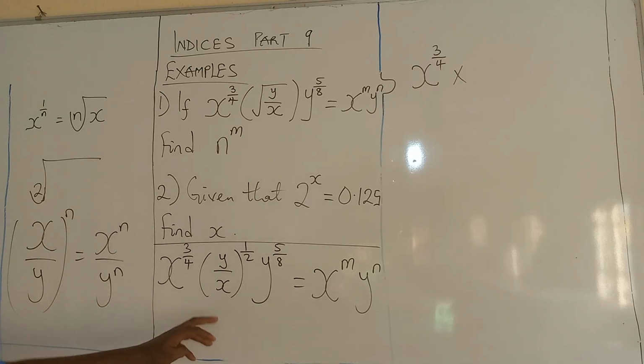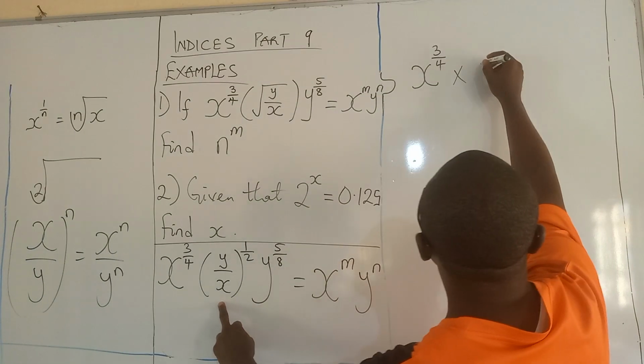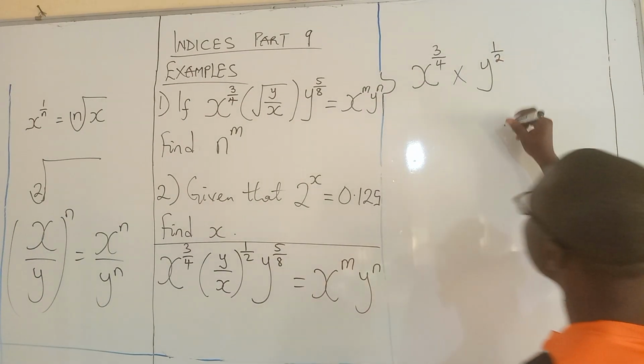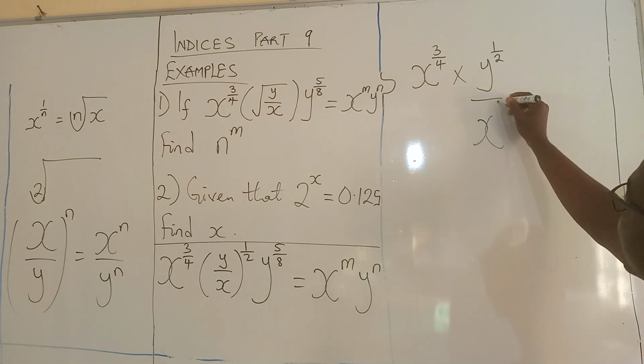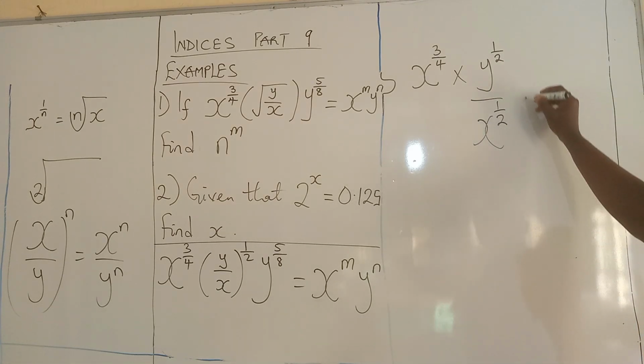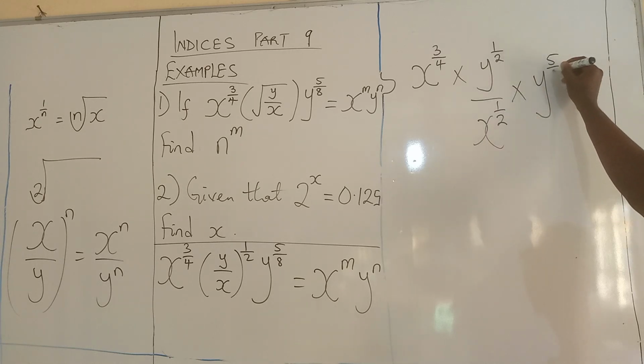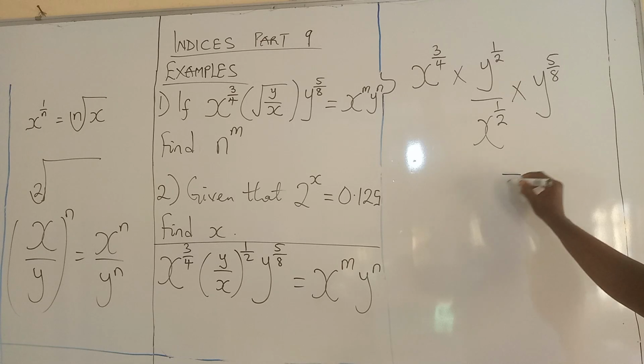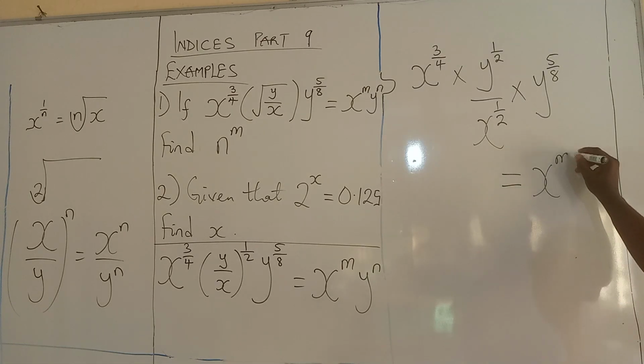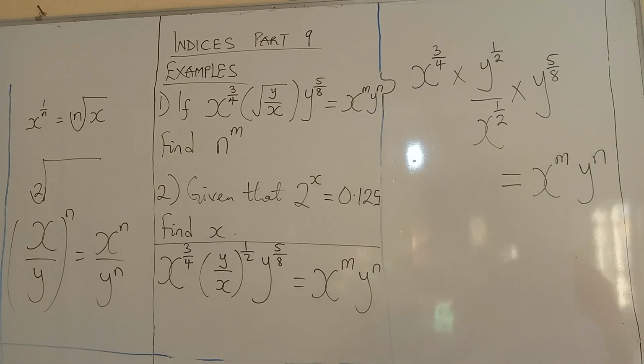So for that reason, this can be expressed as y raised to power 1 over 2 over x raised to power 1 over 2. Then, of course, times y raised to power 5 over 8. And that is equal to x raised to power m, y raised to power n.